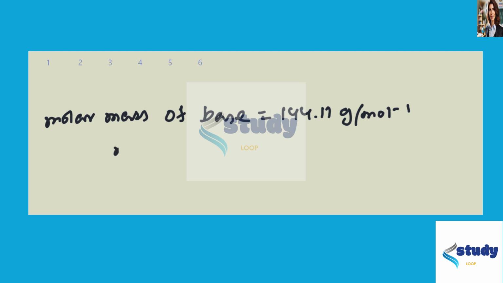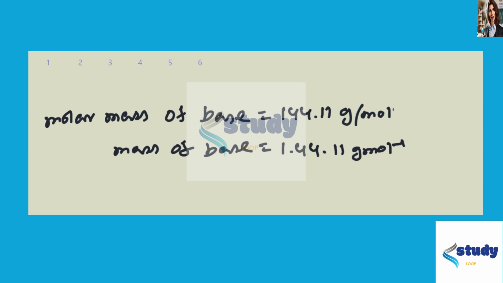The mass of base is molar mass times the number of moles, which we calculated as 0.44 mole, and it will give us a value of 63.41 gram of base.